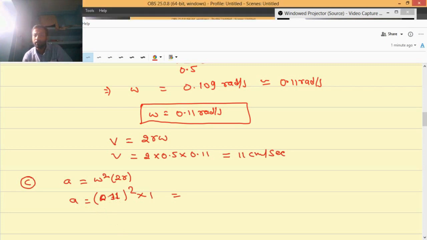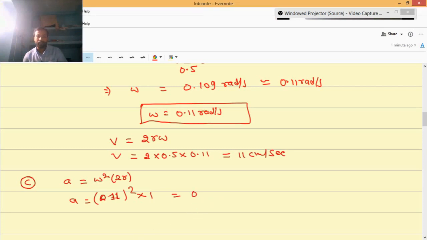So this is equal to 0.0121 meter. So acceleration will be equal to 1.21 centimeter per second square. So there is a square also, per second square, for the case of acceleration.